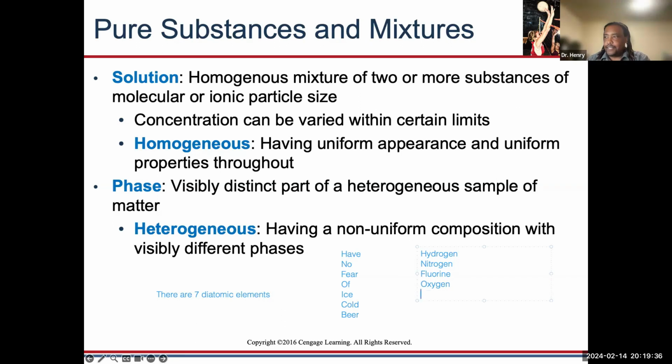Ice, or I, is for iodine. C is for chlorine. And B is for bromine, or beer is for bromine.